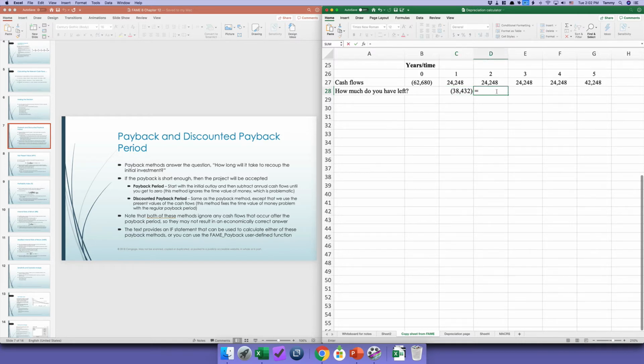So in the second year, you have to see whether you've paid it back. The answer is no, and then you could carry this out to the third year, and so we know that somewhere between 2 and 3 years, we've paid this back. The exact precise answer is irrelevant, right? Because it doesn't matter. This $24,000 is not the same as this $24,000.